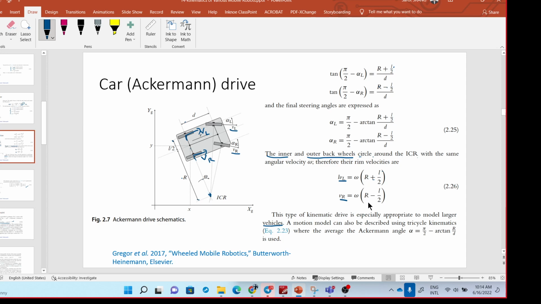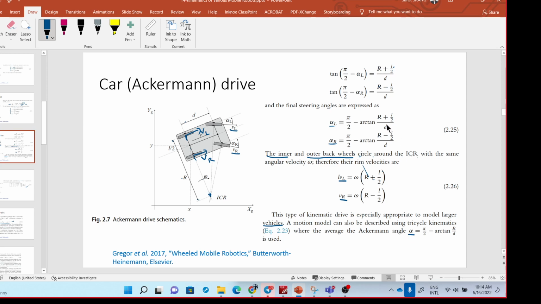Then we can average the angles alpha L and alpha R. It's kind of an approximation, not really the exact averaging. So alpha L and alpha R are described by just one approximate average alpha.